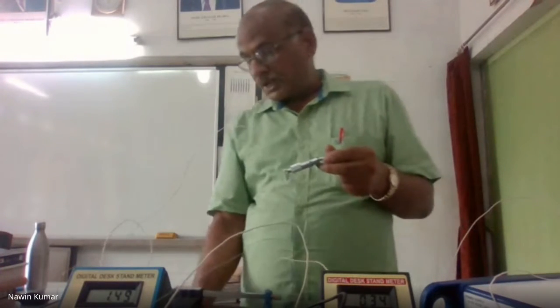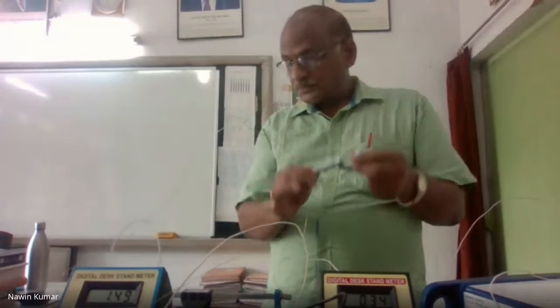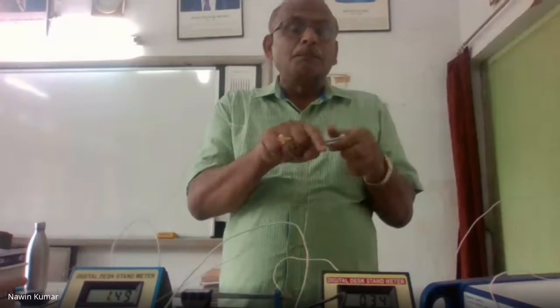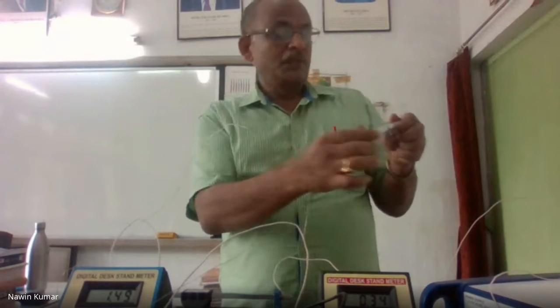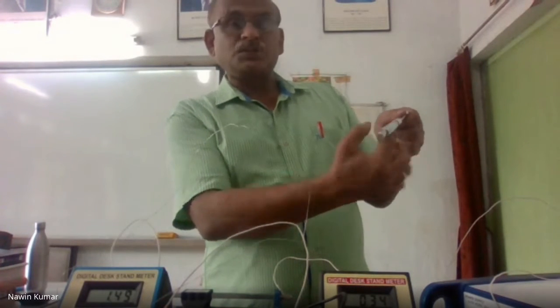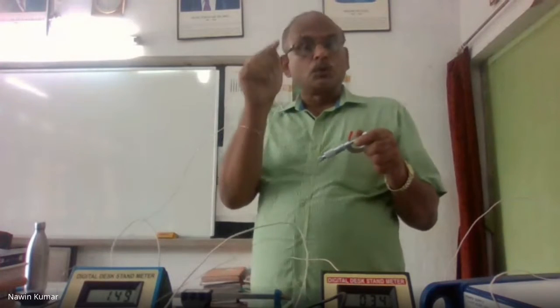So its pitch is 1 mm. Then the least count. Least count is pitch by number of circular scale divisions. The pitch is 1 mm, and the circular scale has 100 divisions. So 1 mm by 100 is 0.01 mm, its least count.